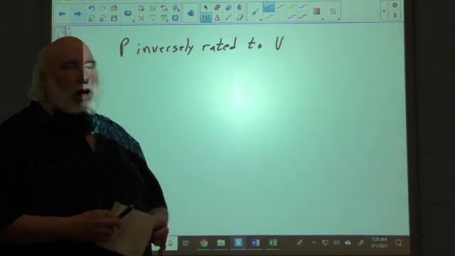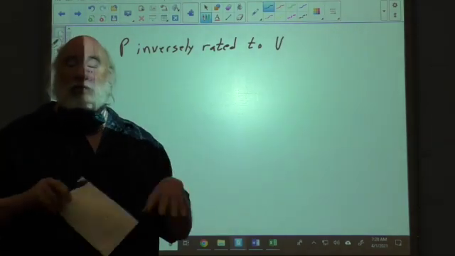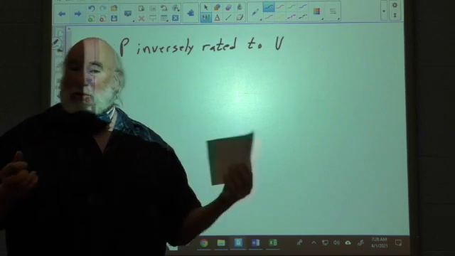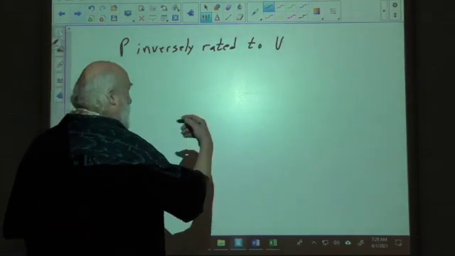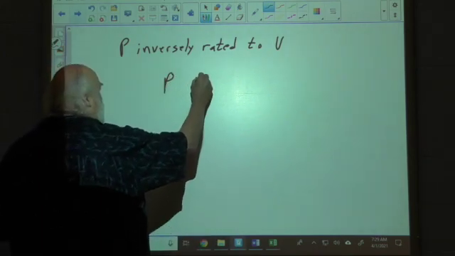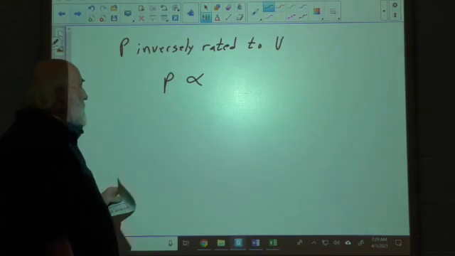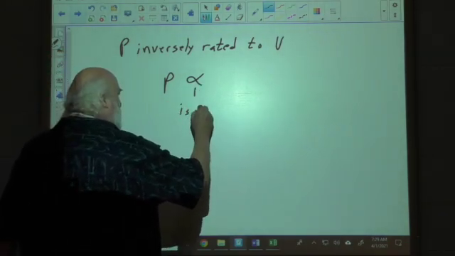Now, I'm going to throw some mathematical terms at you. It's all going to resolve itself to a very palatable equation, or formula, for you to use. But bear with me on this. An inverse relationship: P, and then this is a symbol that means is proportional to.